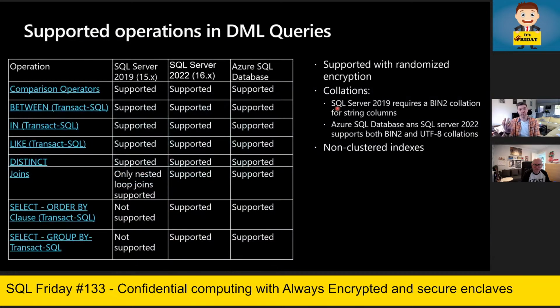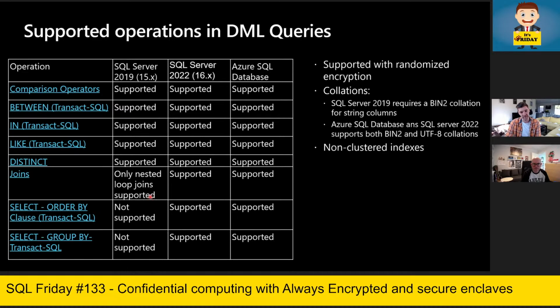And so, what are the supported operations for DML queries? Like I already showed you, the comparisons larger than, smaller than, between, in, like, distinct. You can do joins. You can order by on an encrypted column, and group by as well is also possible on encrypted columns.